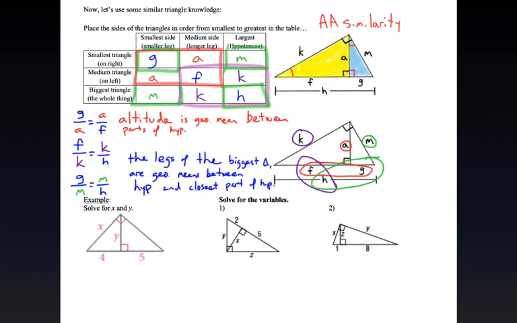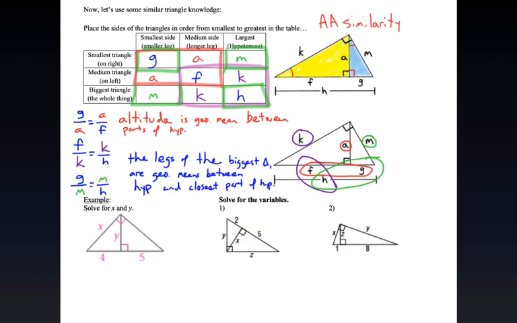So K is a geometric mean between F and H, and M is the geometric mean between G and H. In other words, each leg of the biggest triangle, like K, is the geometric mean between the part of the hypotenuse it's closest to and the entire hypotenuse. M is the geometric mean between G and H, the part of the hypotenuse it's closest to and the entire hypotenuse. That is how we can answer these questions really quickly.